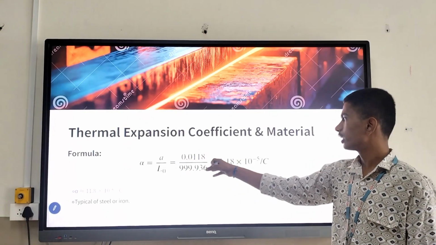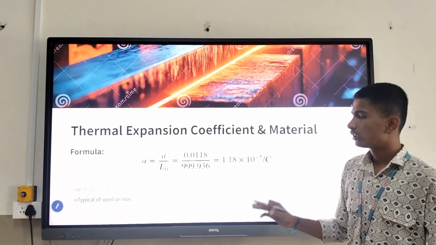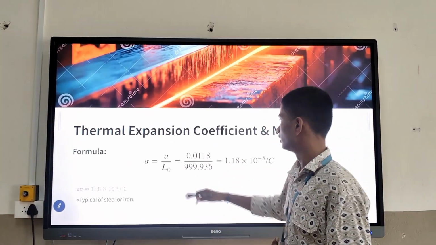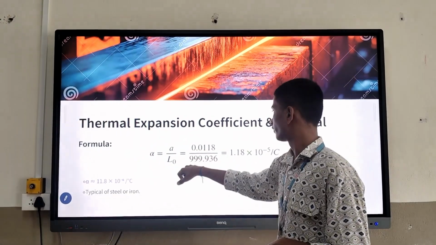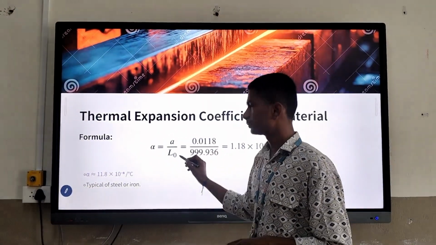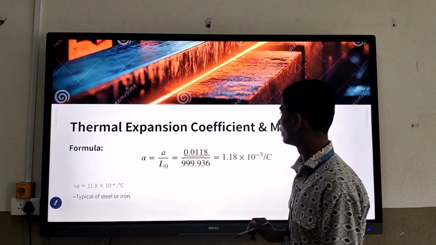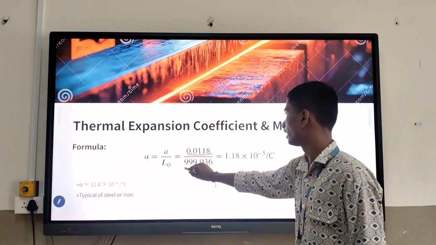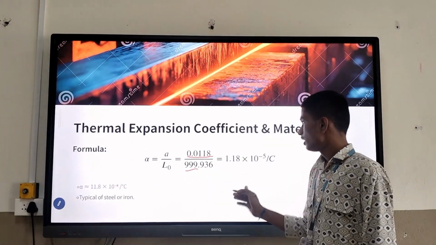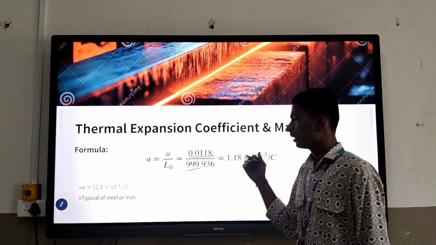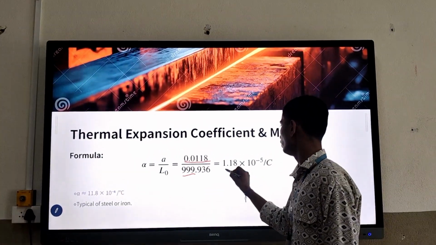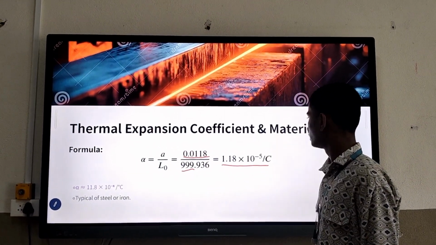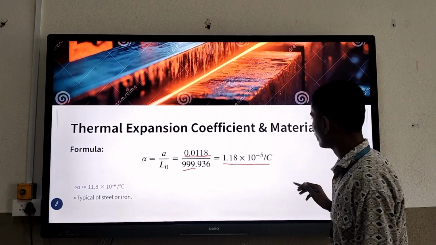The formula of the coefficient of expansion is expanded length upon reference length. Our expanded length is 0.0118 and the reference length is 999.936 mm. By calculating this value, we got the coefficient of expansion as 1.180 into 10 raised to minus 5.